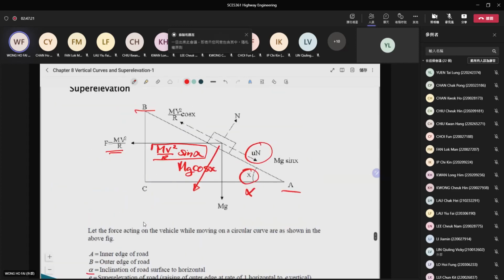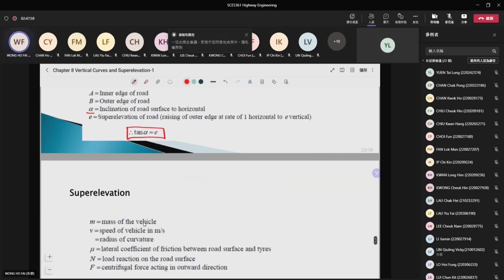This one is actually the component of this. And then this one is actually the component of this. This mu n is actually the friction. You just consider the component of force of mg along the road and then perpendicular to the road. Then you can derive these equations.